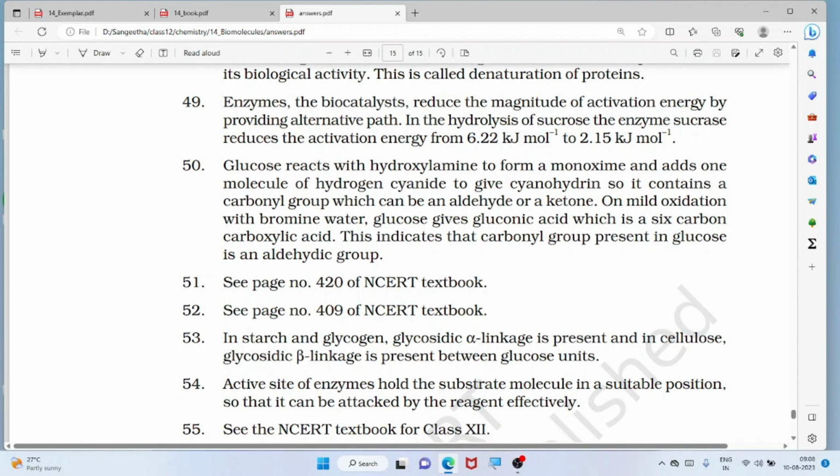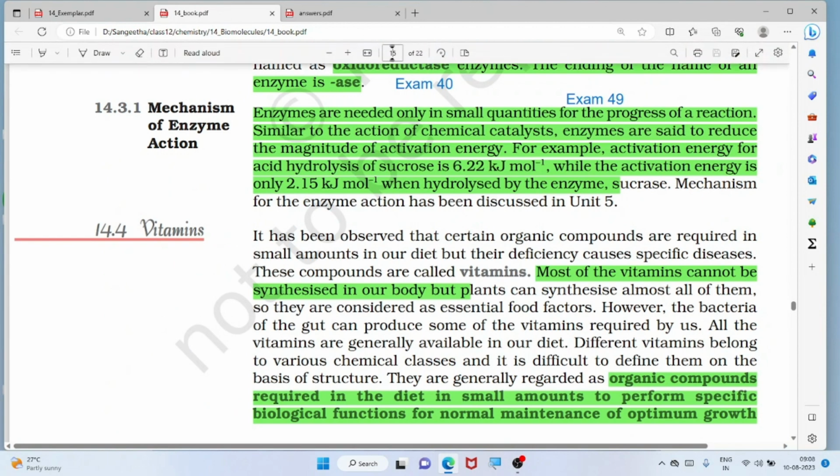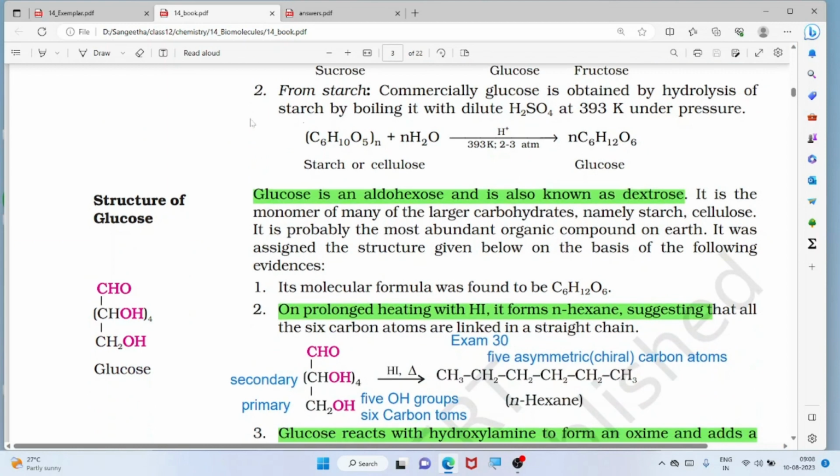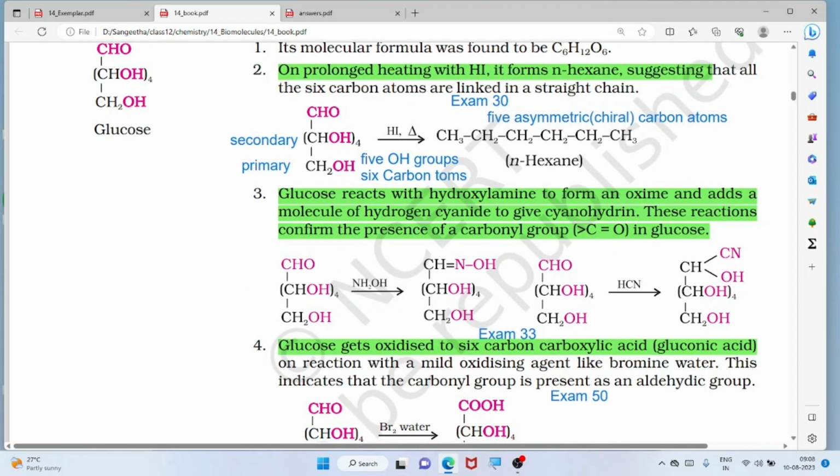Glucose reacts with hydroxylamine to form the oxime and adds a molecule of hydrogen cyanide to give cyanohydrin. Okay, this is 50. Okay, this reaction.